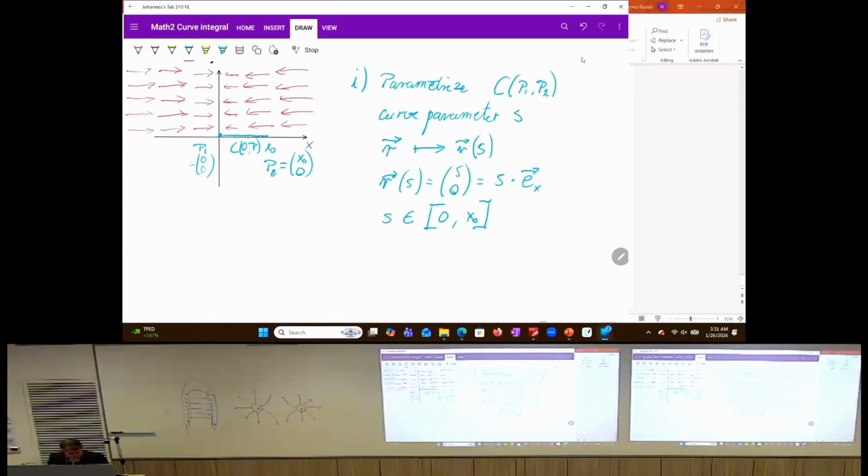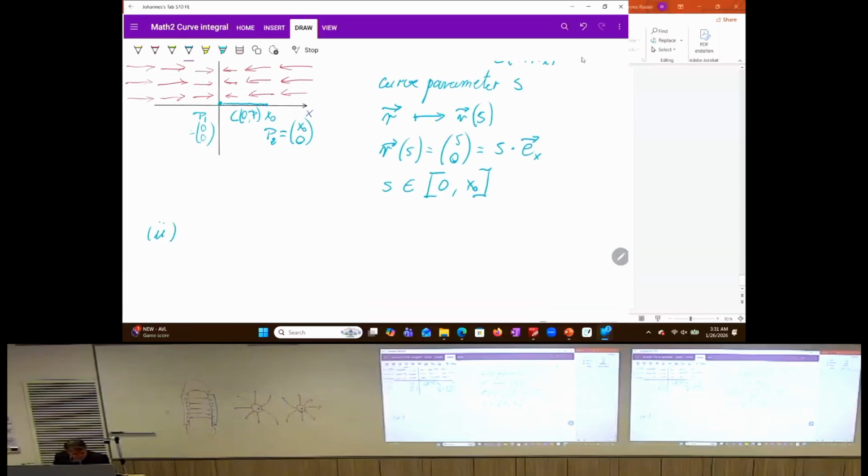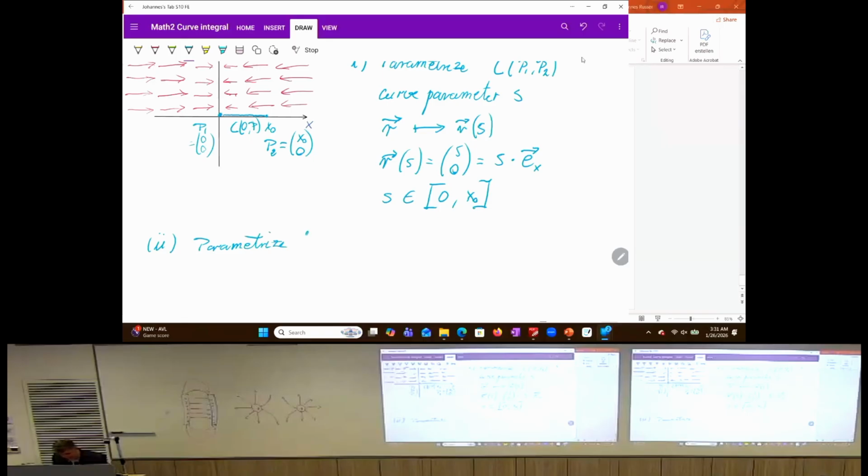The second step is that we now parameterize the force field. It's step 2. This far, we have denoted it as the vector f as a function of the vector r. And that shall be now mapped to the vector f as a function of r as a function of s.